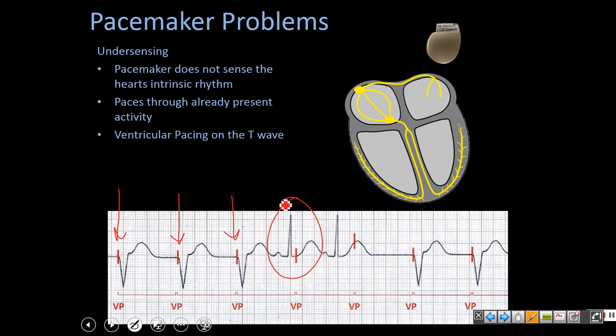However, the pacemaker in this scenario is not sensitive enough to identify your heart beating, and so it continues to pace right through it. Now, this can be very dangerous, because if you have ventricular pacing on your T wave during that relative refractory period, this could potentially cause a lethal arrhythmia, like we talked about with R-on-T PVCs.